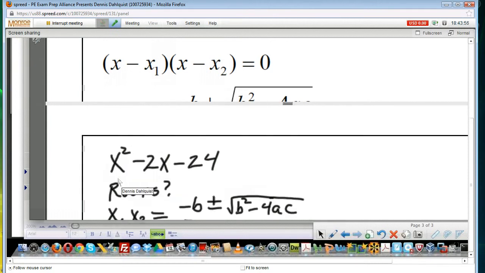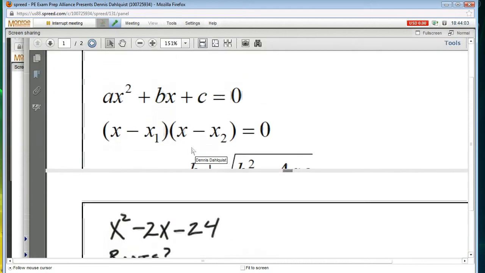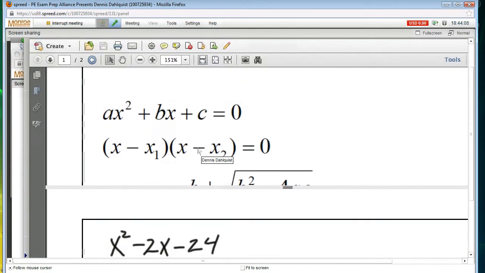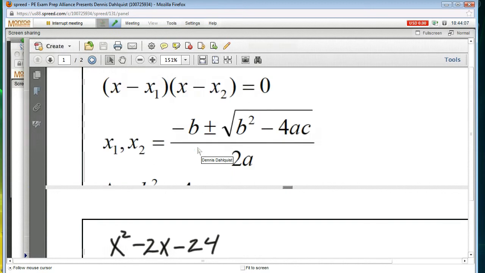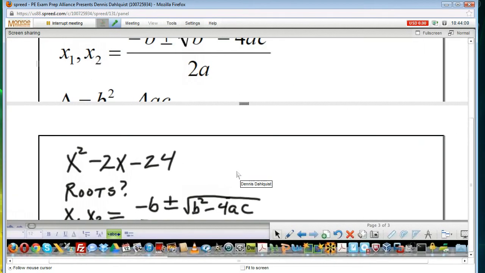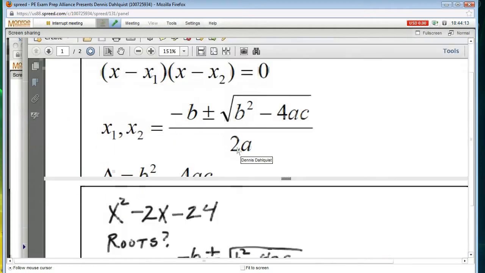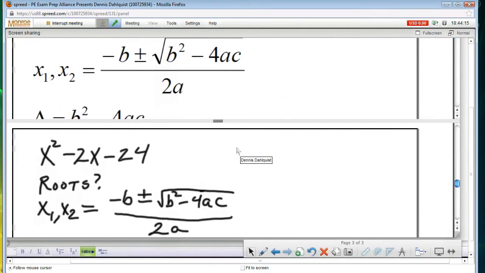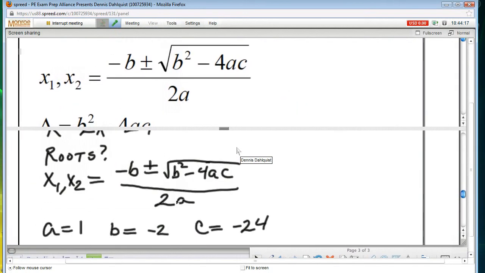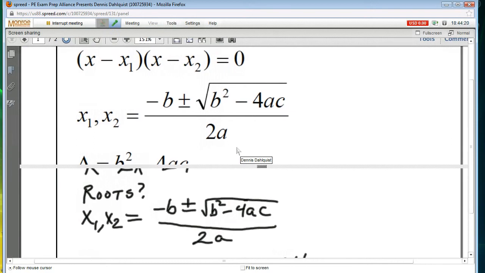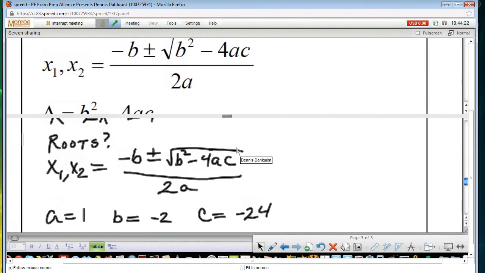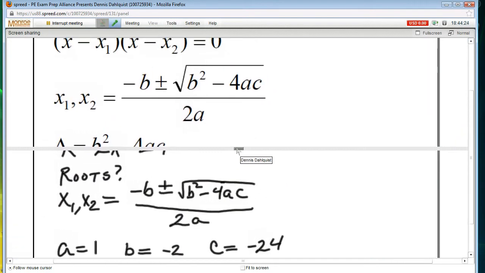So here we have x squared minus 2x minus 24, and we want to find the roots. So we can use the quadratic equation here, which is set up here. The other thing we'd want to do is identify the actual values from the quadratic equation.